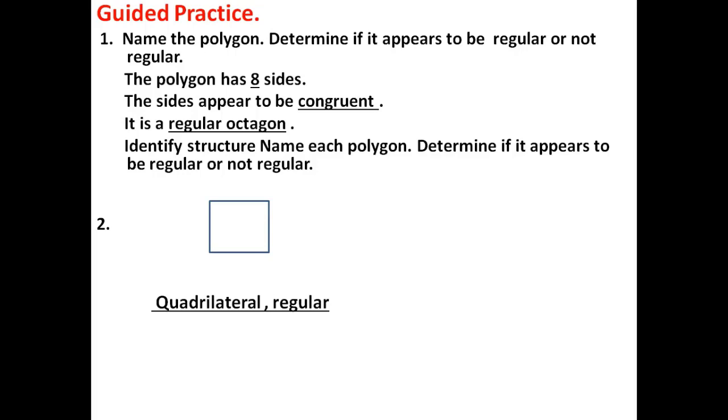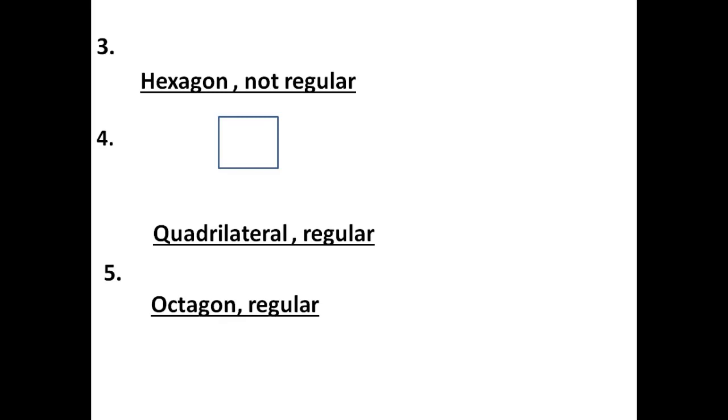Polygons are given, my dear students, on this page. Question number 2, you have seen that it is 4-sided. Therefore, question number 2, 4-sided, it is a quadrilateral. Any 4-sided figure is called quadrilateral, and all sides are equal, that is regular.